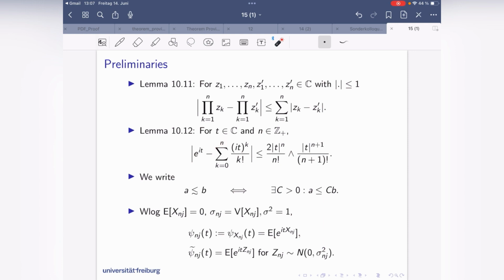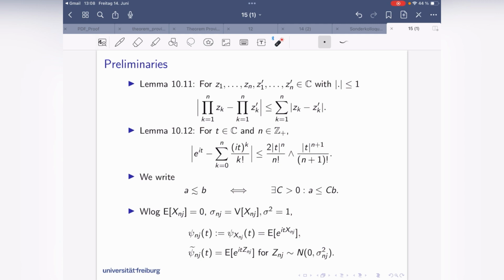Okay, so these are the two preliminary things. And what I will also do, I will write a is approximately smaller than b if it's smaller than some constant times b. And the constant, of course, must not depend on any n or something else.